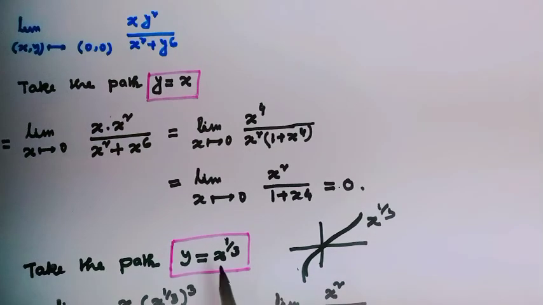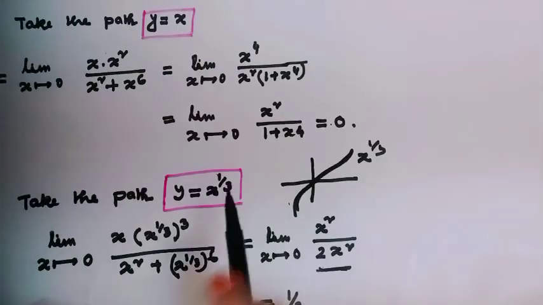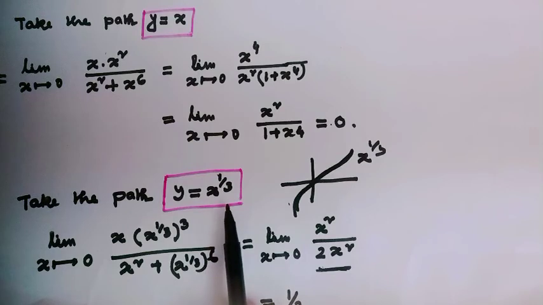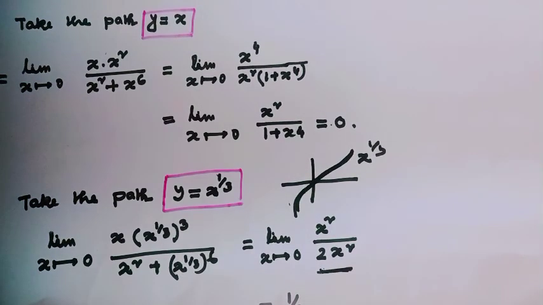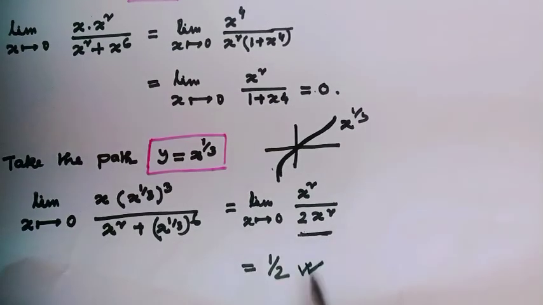Why have I chosen this function? Because here y to the power 6. If I put this value at y to the power 6, then after calculation, this will be so easy. And the value is half.